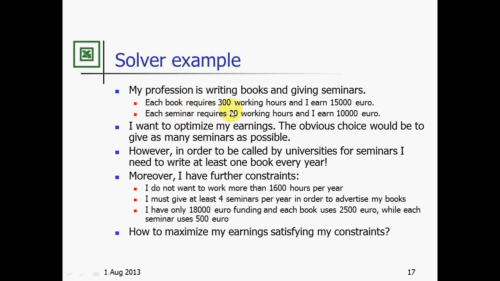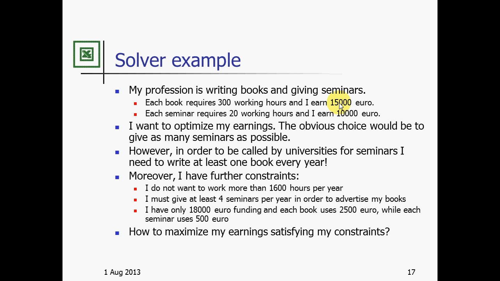Each seminar, however, requires much less working hours, 20, and you will earn 10,000 euros. Well, you would like, as most people, to optimize your earnings. Given the fact that the seminar requires much less working hours and you earn 2/3 of a book, usually your obvious choice could be to give as many seminars as possible.